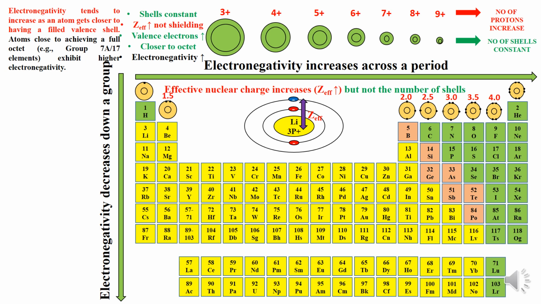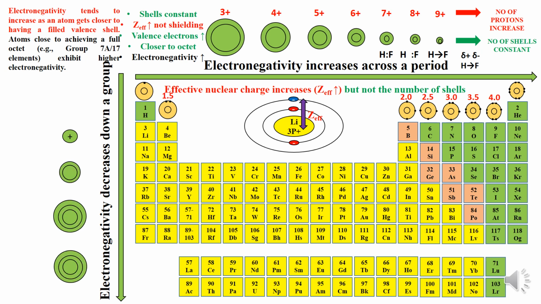And fluorine is very close to having a filled valence shell, and therefore it exhibits higher electronegativity. And apart from that, there are other associated factors like atomic size, nuclear charge, and shielding, which is favoring the fluorine atom. And that is why hydrogen fluoride molecule is more polar as compared to hydrogen chloride molecule.